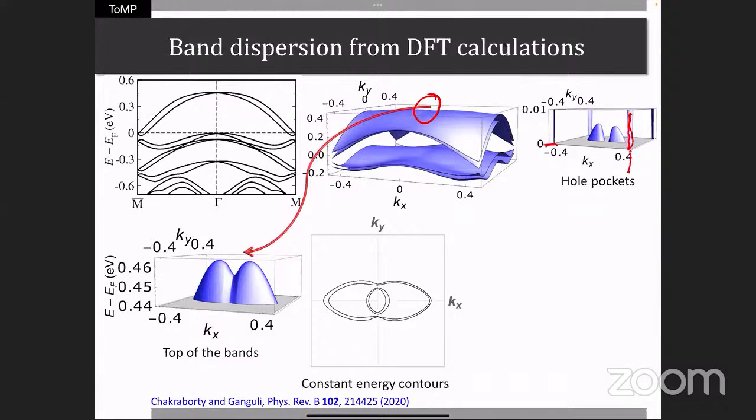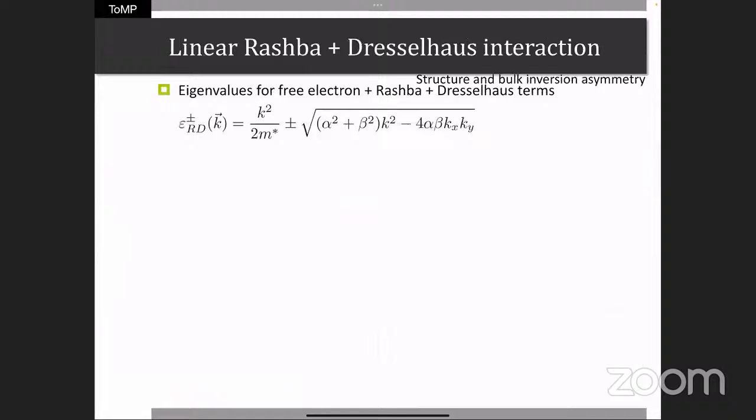These parts going below, they form electron pockets. And if we plot, the Fermi contour looks like this. So it's important to analyze what is this two peak structure and what kind of interaction would lead to this kind of a feature in the constant energy contour.